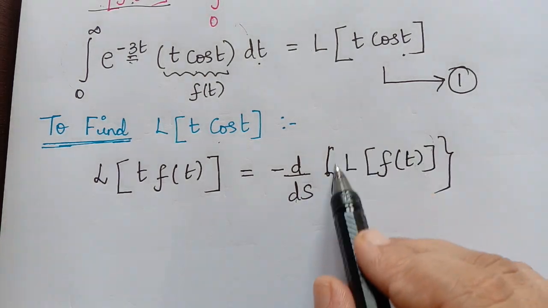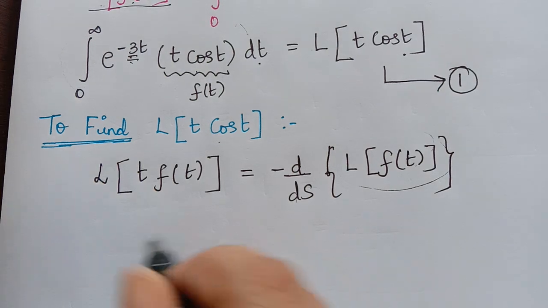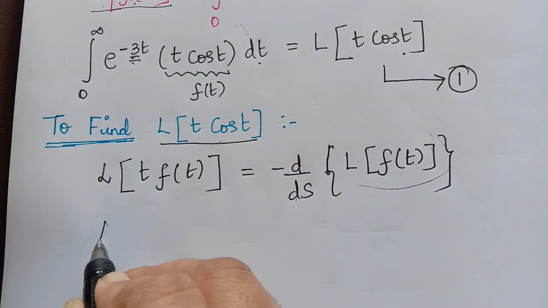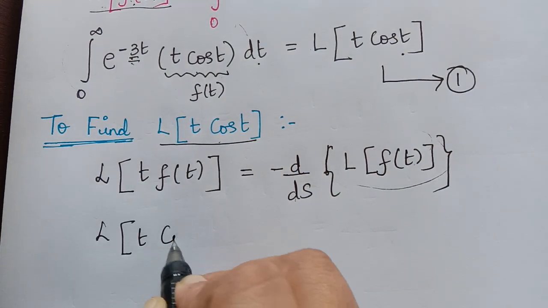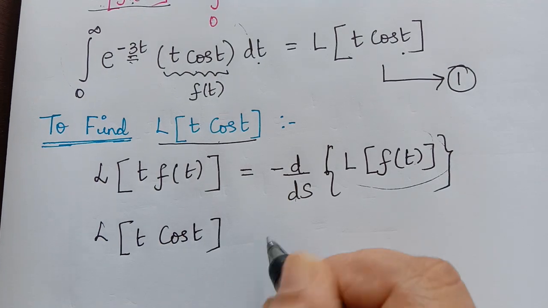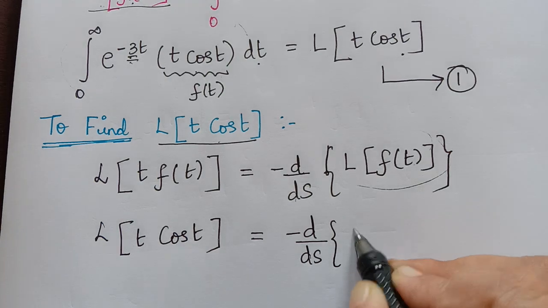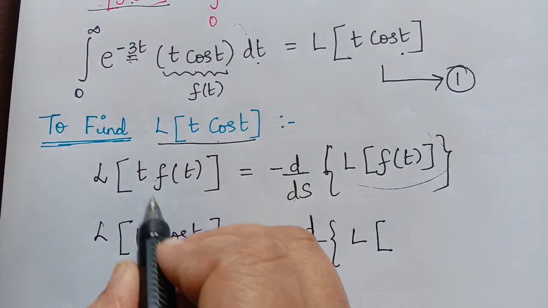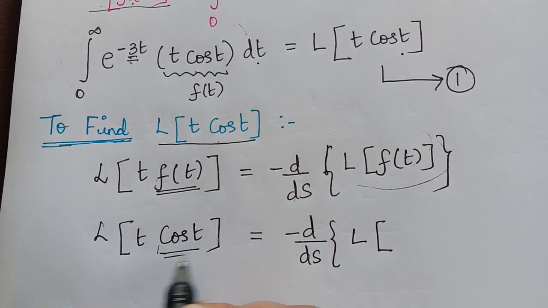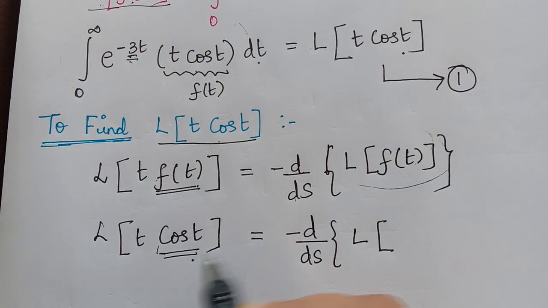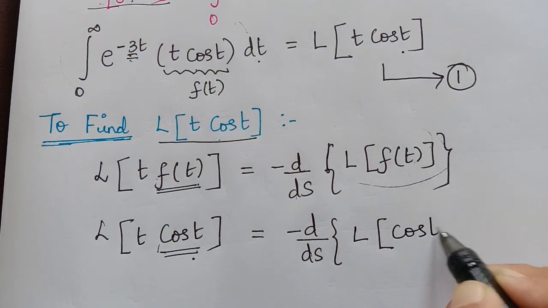So we have to find L of t cos t, which will be equal to negative d by ds of L of f(t). When you compare these two, we see that in place of f(t) we have cos t.